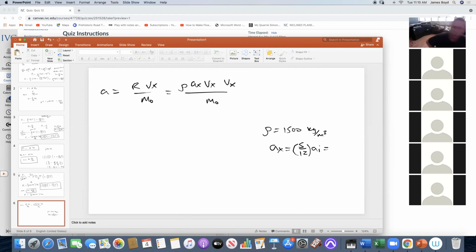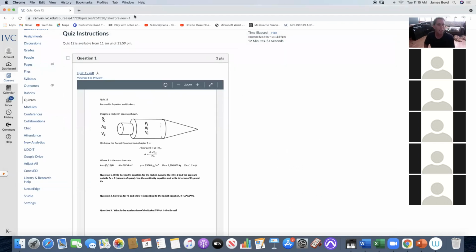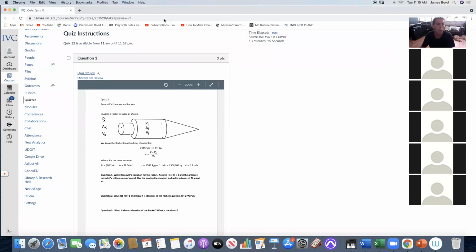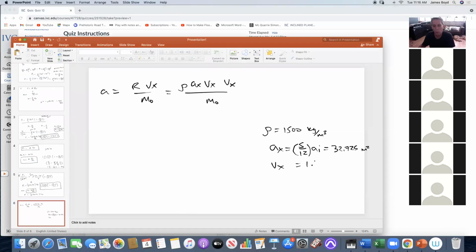AI is given to you as 78.54. So 5/12 of 78.54 is 32.725 meters squared. VX I gave you was 1.2, which may seem small, but you're going to see what the thrust actually is.